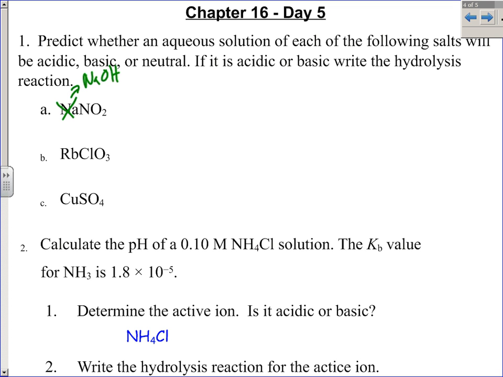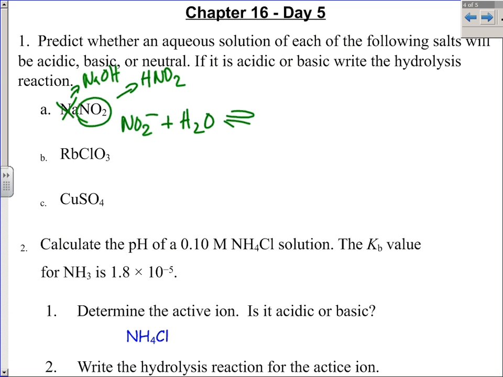Now, NO2 minus would come from HNO2. While that looks sort of like a strong acid, that would be HNO3, not HNO2. So NO2 minus is really an active ion, and when I throw that in water, it's going to cause the water to hydrolyze.